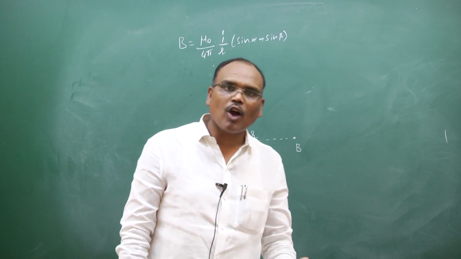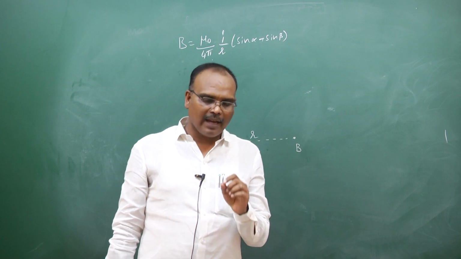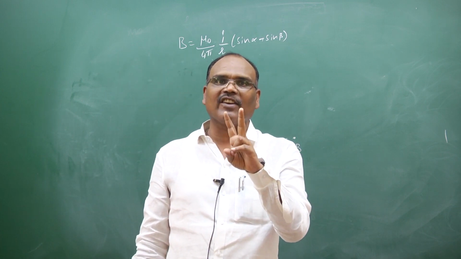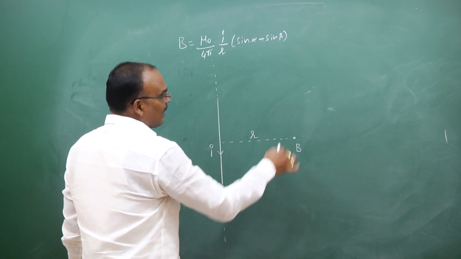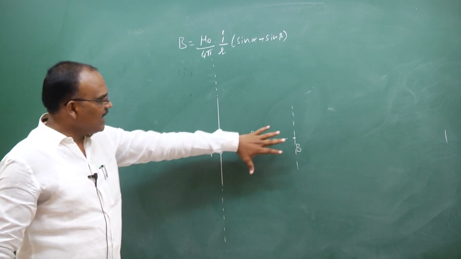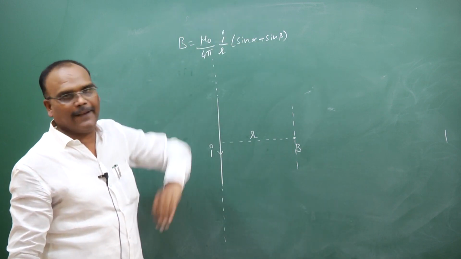Then how can we join? It's difficult. But in mathematics, we have one statement: two parallel lines meet at infinity. That means to join these ends, I have to draw parallel lines. These parallel lines are going to meet at this infinity as well as this infinity.